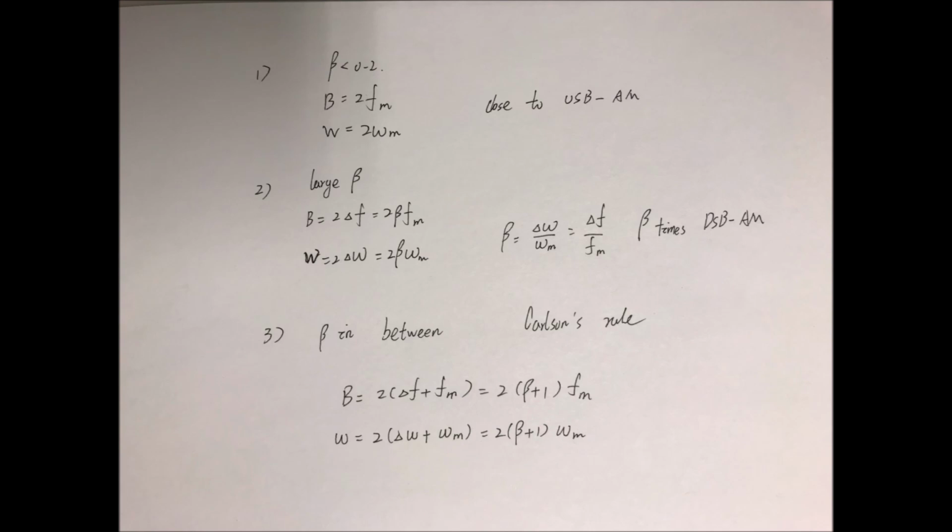The third one will be beta not so small and not very huge. For beta in between, W will be 2 delta omega plus omega m.